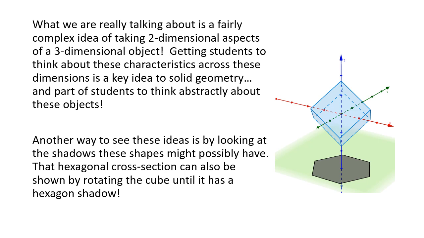And that hexagon that you see as the shadow is the same hexagon that you get as the cross section of that cube. So it's just another way to kind of get at this cross-sectional idea without having to actually cut things. And again, having students think about the two-dimensional properties of a three-dimensional object and vice versa.